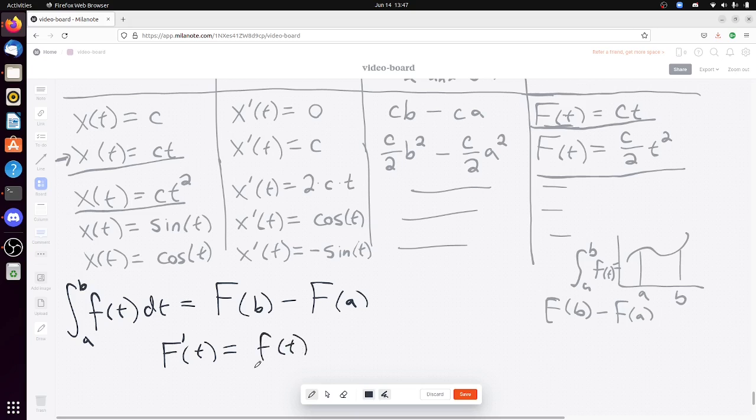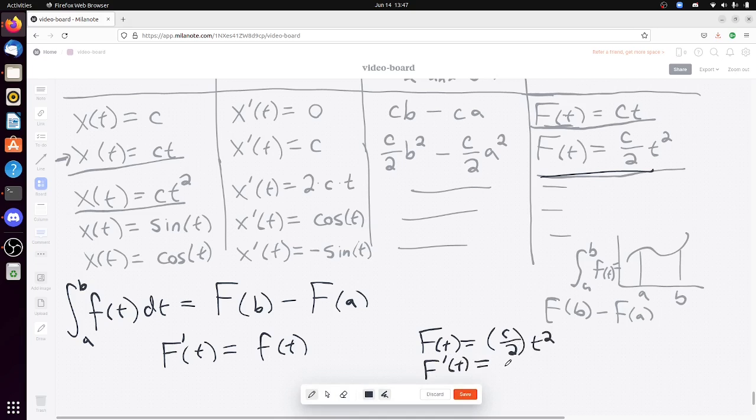So in other words, if we have this F of t over here, and we take the derivative of this, remember we know how to take derivatives with the power rule. You just take this 2, drop it in front, and then decrease the power by 1. So let's say we're talking about this function here. If we have F of t equals c over 2 of t squared, and we want to take the derivative of that, what is that going to equal?